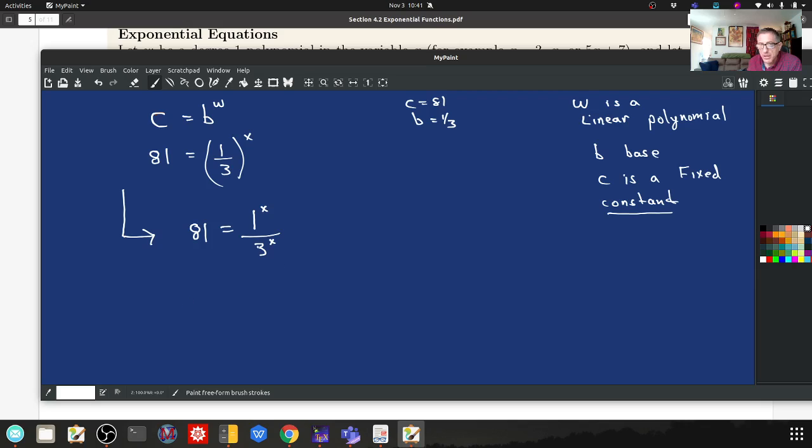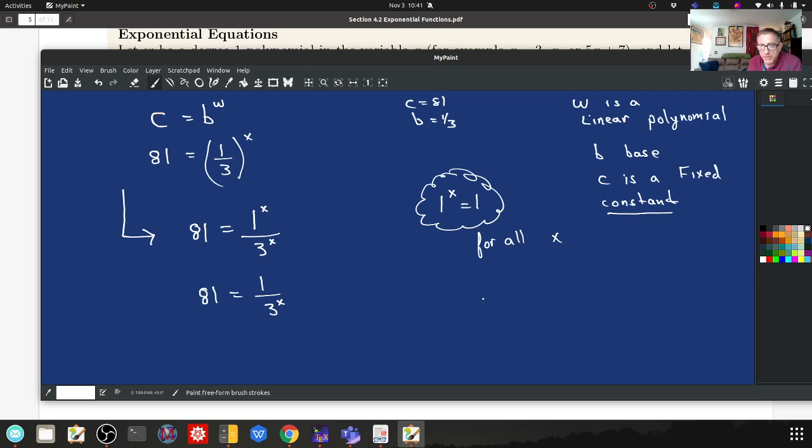But since 1 to the x is equal to 1 for all x, that's the same as saying I have 81 is equal to 1 over 3 to the x.